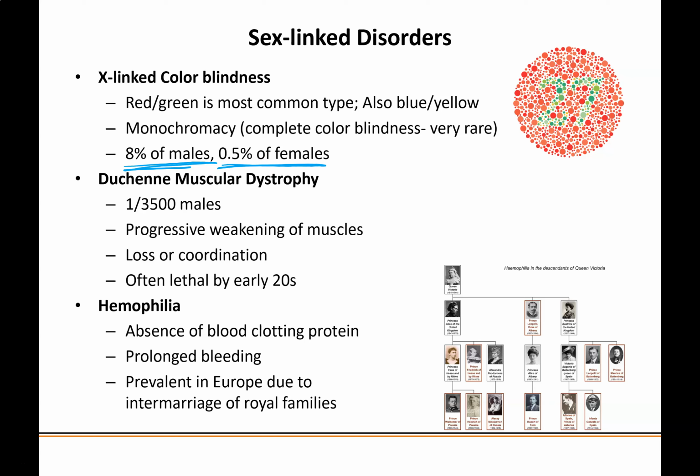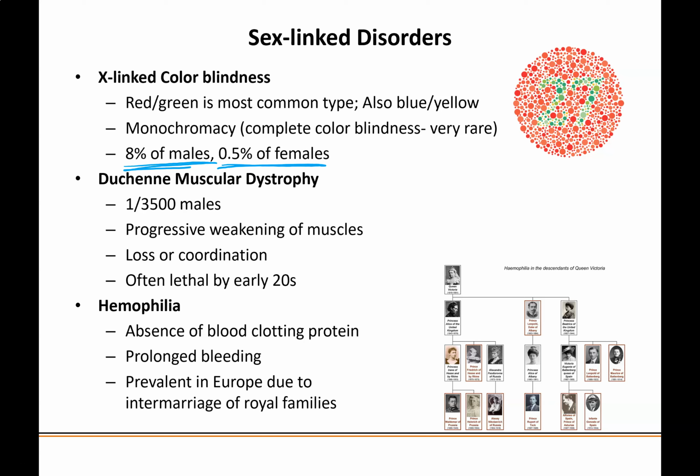A couple other well-known examples are Duchenne muscular dystrophy. This is a progressive weakening of muscles. Again, it tends to be more common in males. Hemophilia is another one. Hemophilia is an absence of a blood clotting protein, and so you can imagine there are a lot of complications from this, healing from injuries and things like that, that would make this disease quite bad.